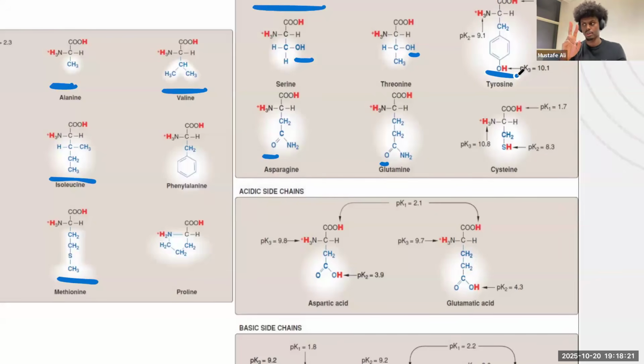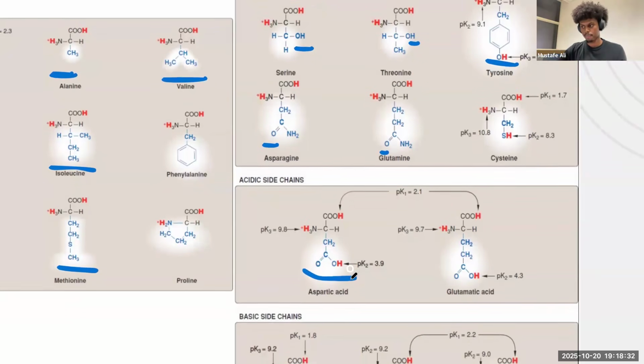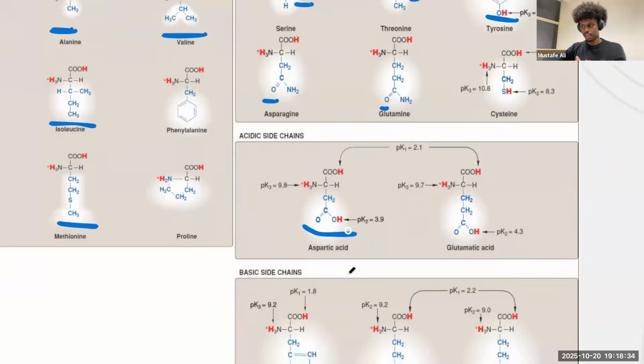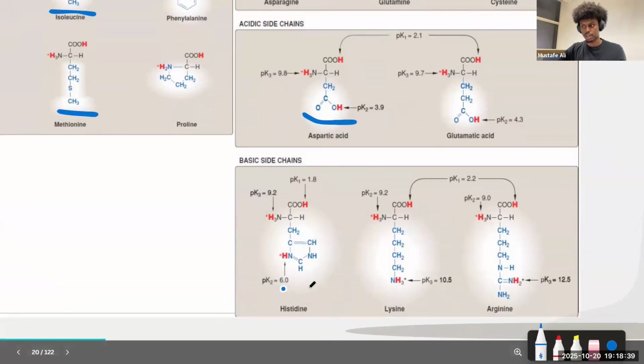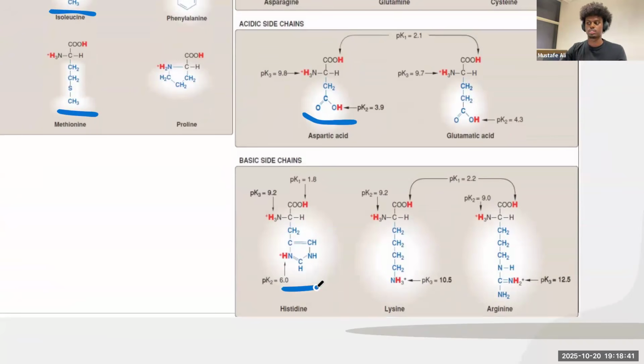It's not both of them, okay? It's not both an OH and a double bonded O. Now, if both of them were present in the R group, it would be an acidic side chain or an acidic amino acid, okay? And if the amino acid just has an amine group that is present in the R group, then it is going to be a basic amino acid.